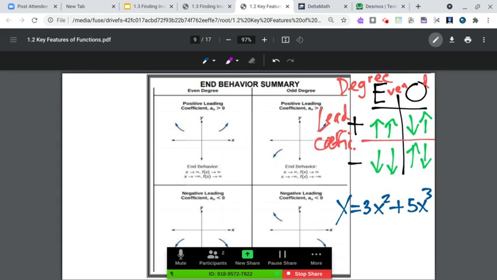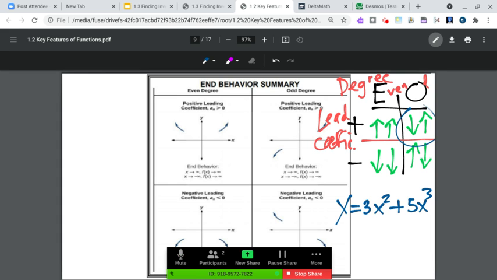Okay, and I wanted you to tell me the end behavior of this graph. First of all, what's your highest degree there? 3. Is that even or odd? Odd.